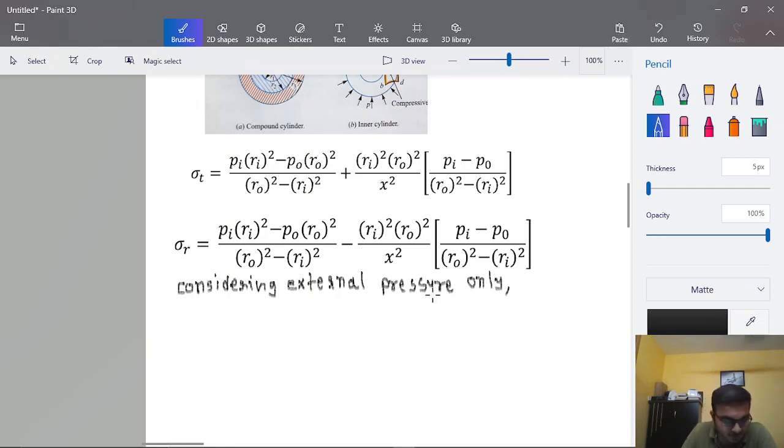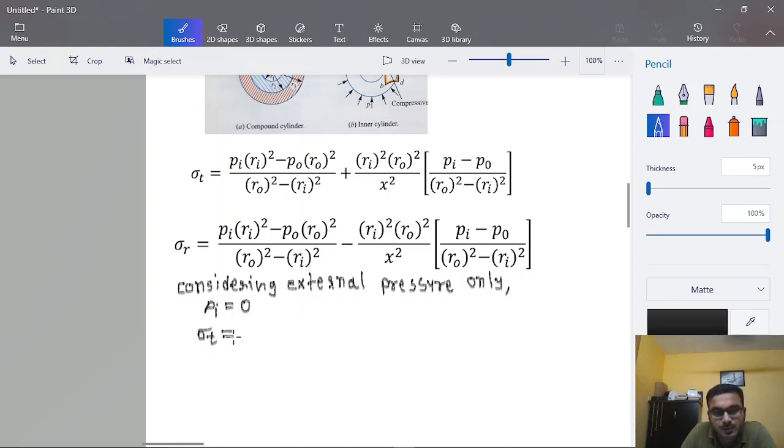Then for the external pressure, Pi will be equal to 0. So we will update these two equations.